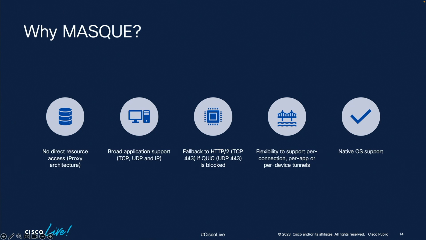Remember, a core component of SSE is zero trust capabilities. Now, with the flexibility of being able to support per-connection, per-app, or per-device tunnels, you can start providing that zero trust, least privilege access. Okay, and then moving on.